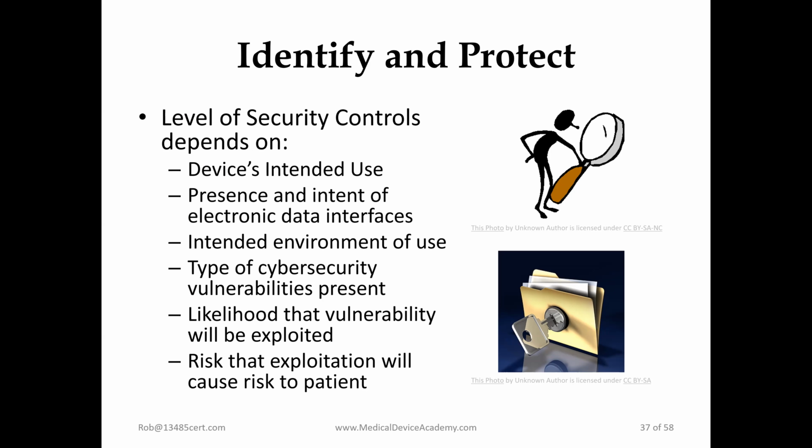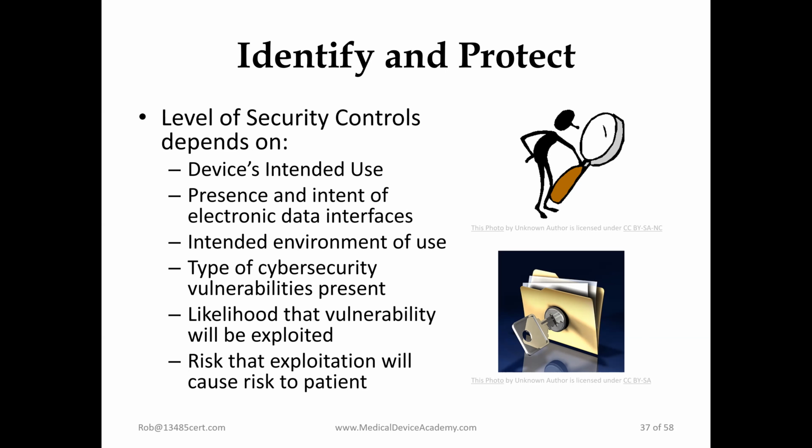Like if you have a device where there's extremely low risk of harming a patient, there's unimportant data that might be there, or whatever minimal risk might exist, then you might be able to justify a lesser approach to cybersecurity.